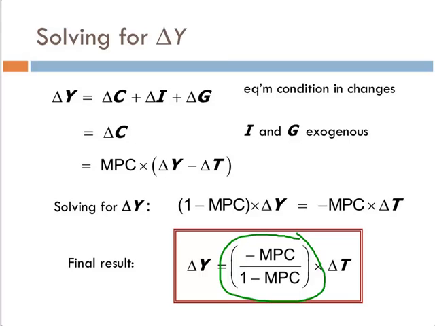The only way they could be equal is if MPC is 1, which is kind of silly because that would assume we don't save at all. Okay, not as silly in the United States, but it is a little bit silly because we do save some. And so the tax multiplier mathematically must be less than or equal to the spending multiplier.